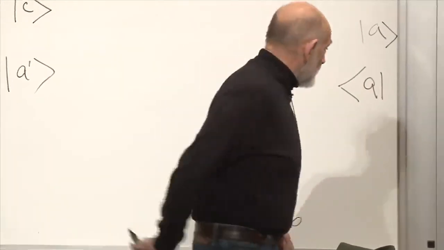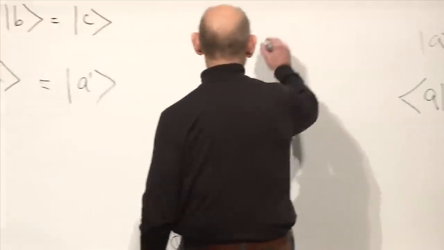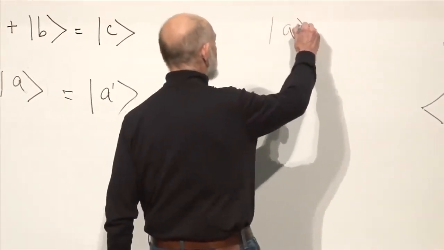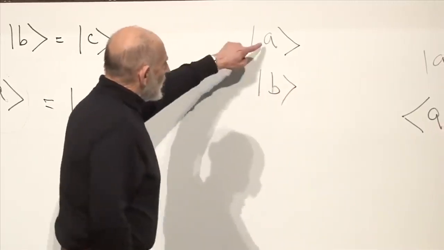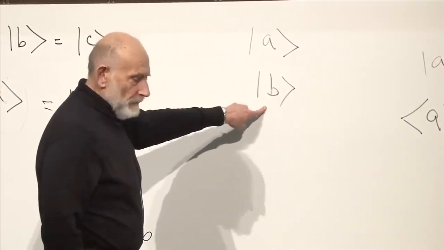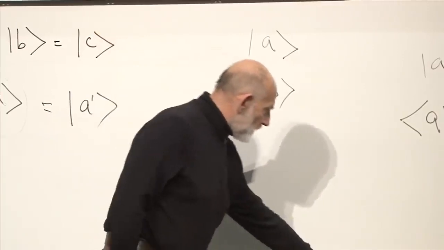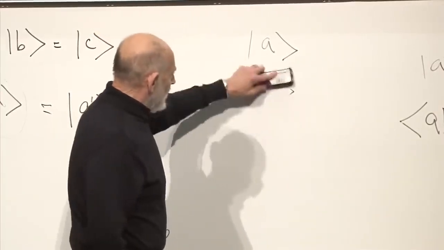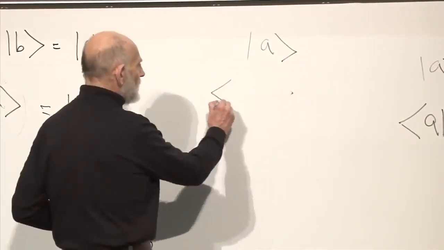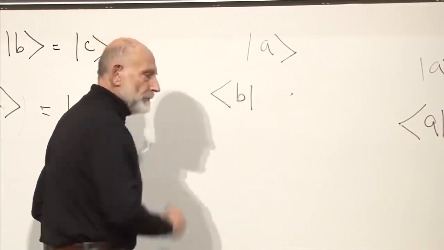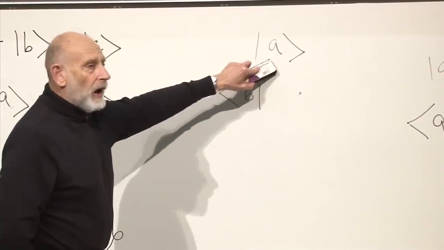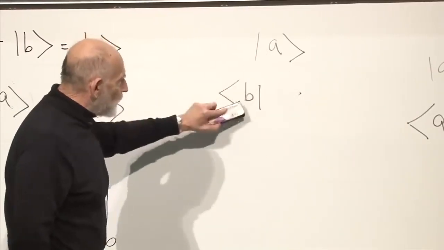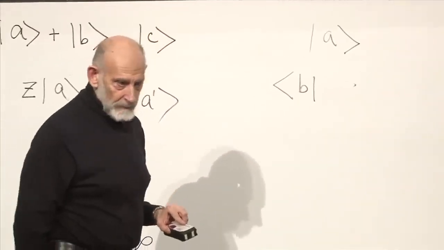Given two vectors, let's call them A and B. One does not form the product of A with B, the inner product. Instead, one takes B and constructs its image in the dual vector space, and then takes the product of the vector A with the dual vector B.